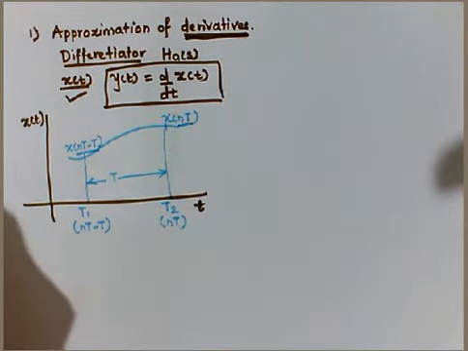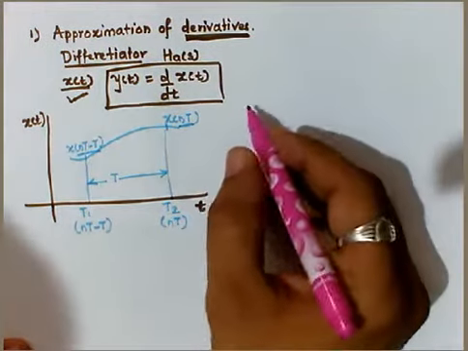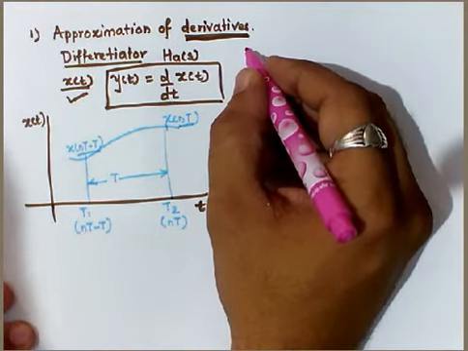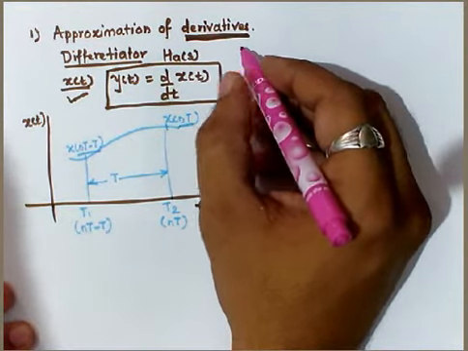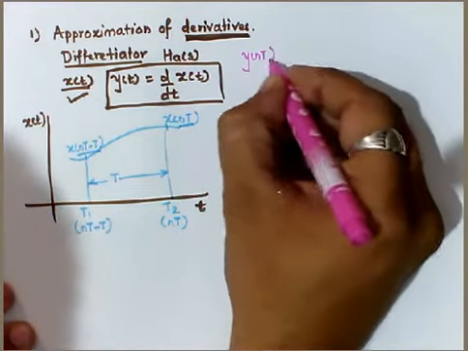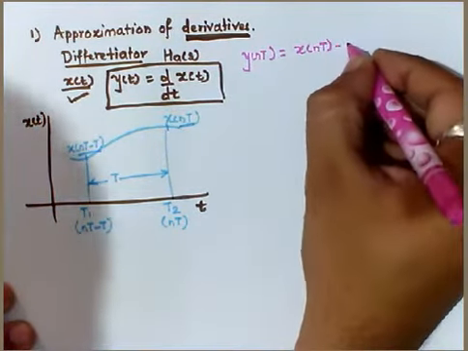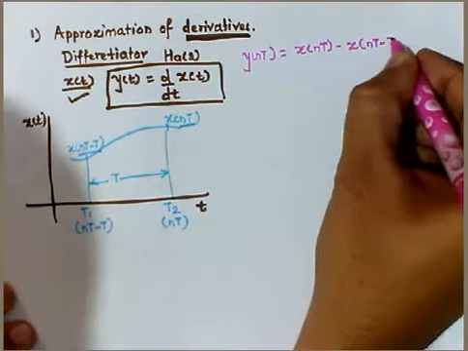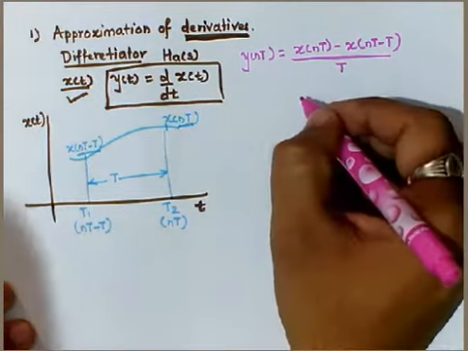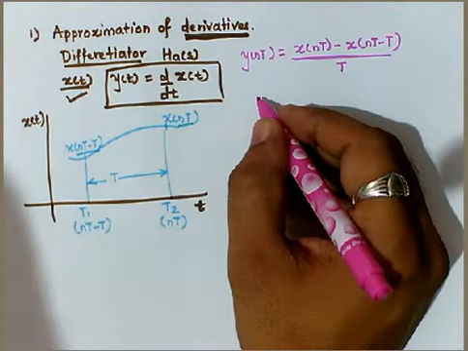When we want to discuss the same thing in terms of the equation, the output of the differentiator for the given input can be written as y(nT) is equal to x(nT) minus x(nT minus T) divided by T. Now let's make the simple assumption that T is equal to 1.